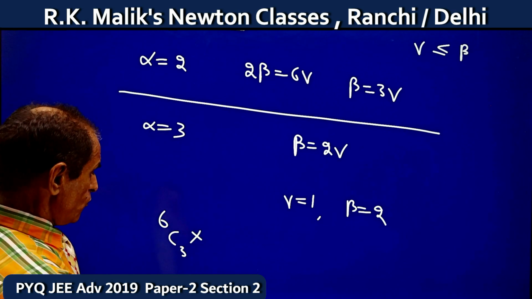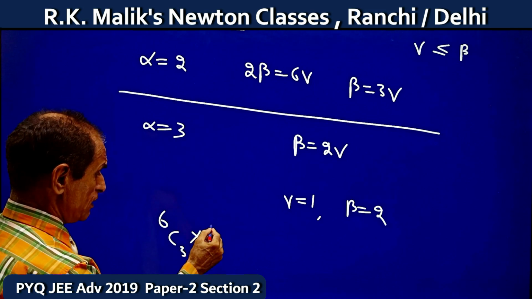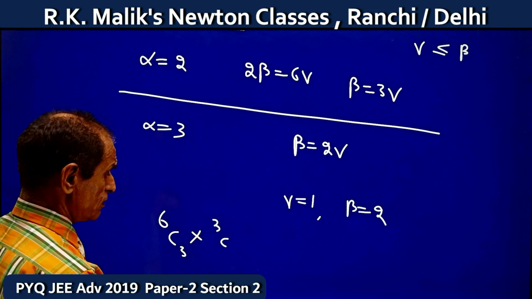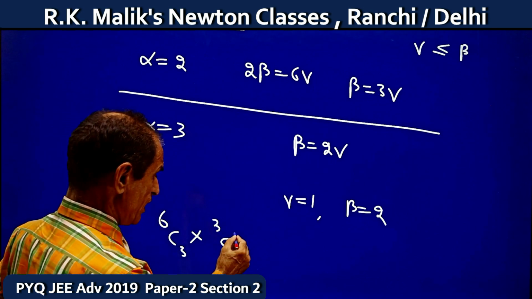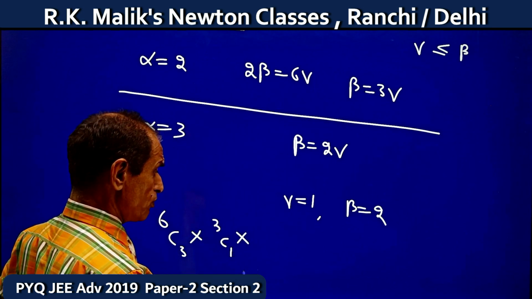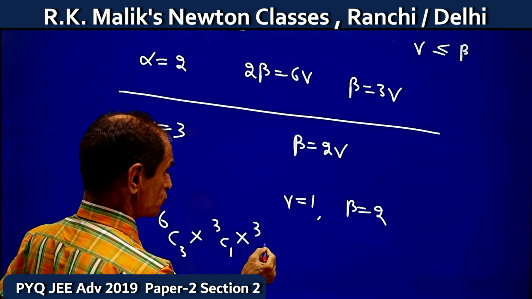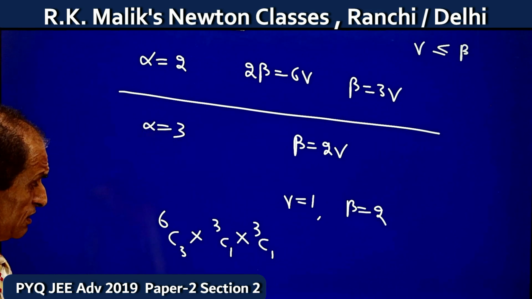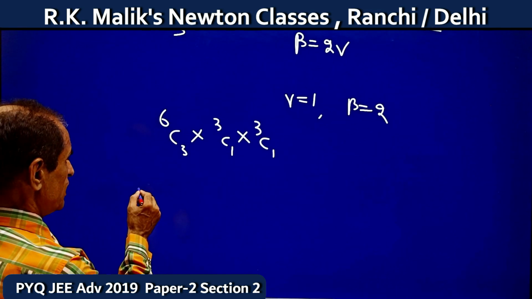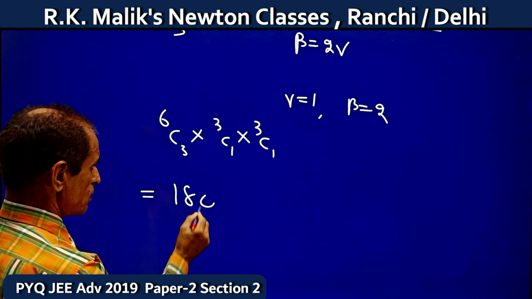Therefore, 1 element must be from the 3 elements of the set A that I can choose in 3C1 number of ways. And 1 element of set B should be from the 3 elements which are not in A, that also I can choose in 3C1 number of ways. That is, it becomes 180.